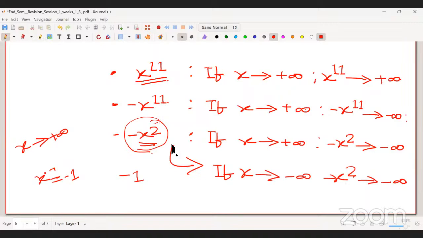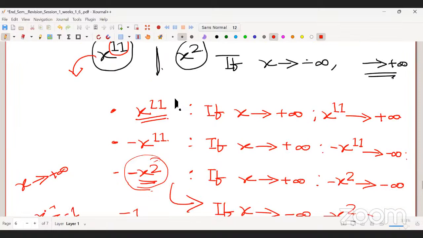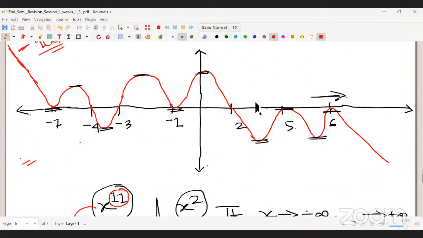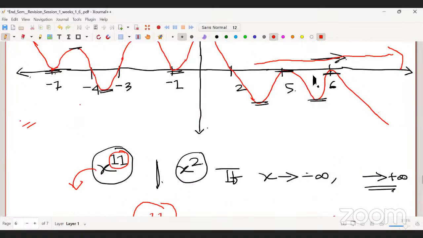Yeah, you just substitute. See, what we are checking is where this thing will go when you are going in this direction. So again, you substitute some value.